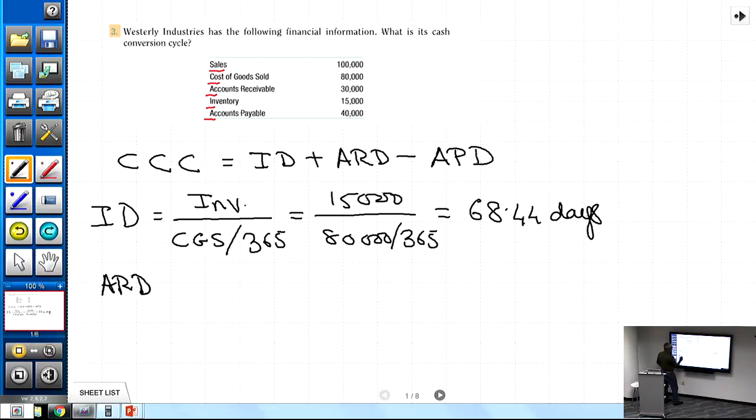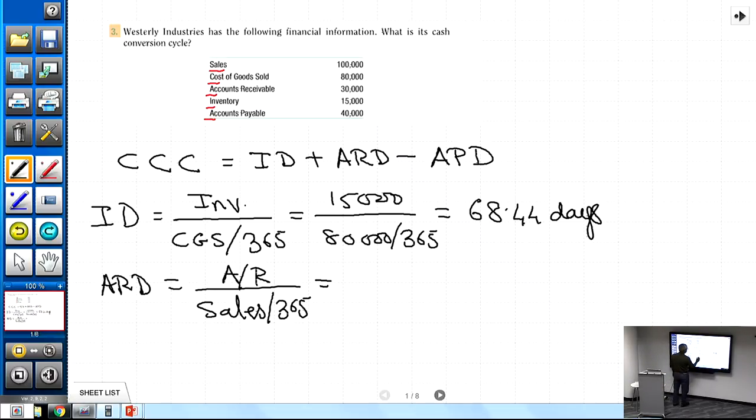How long does it take us to collect on our accounts receivable? Same process, accounts receivable would be 30,000, but this time, let me write the formula first. It would be accounts receivable divided by sales, but again on a per day basis, so divide that by 365.